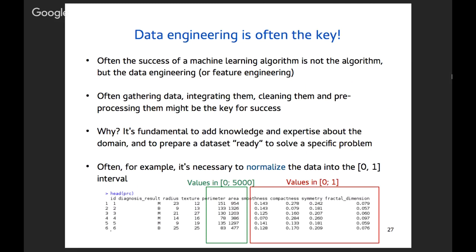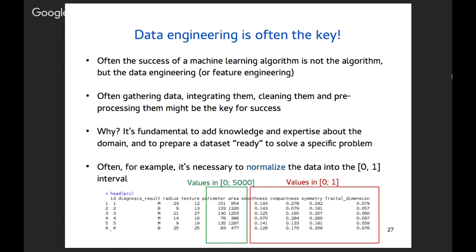Generally these are between 0 and 5,000. And then you have these other features that have values between 0 and 1, or even between 0 and 0.1. So extremely smaller compared to this.